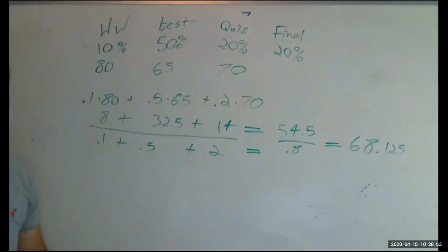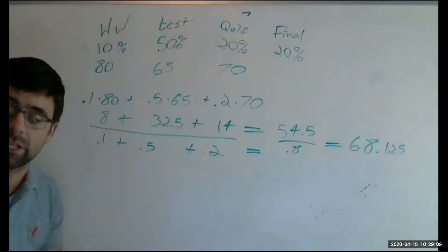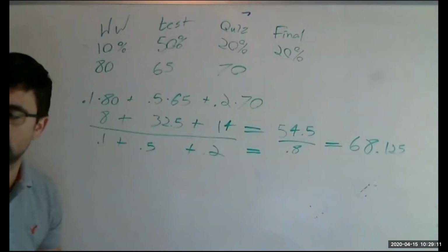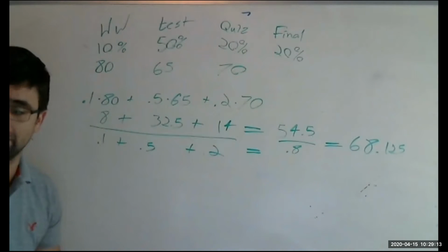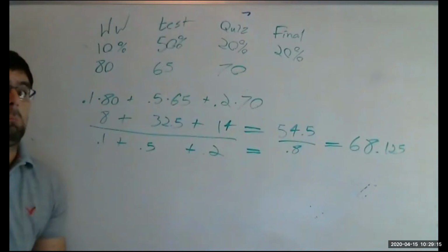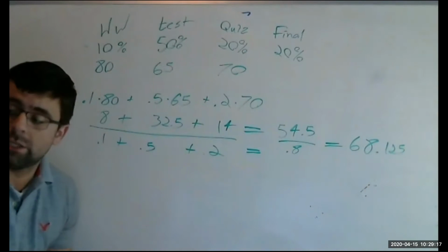So our current grade is 68.125. And this is entirely because we don't have all of the grades entered in yet. We haven't even had the chance to have done everything yet. So it can't really count against us if it hasn't even happened yet.